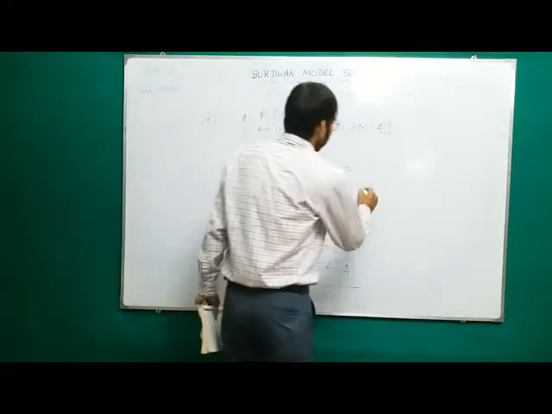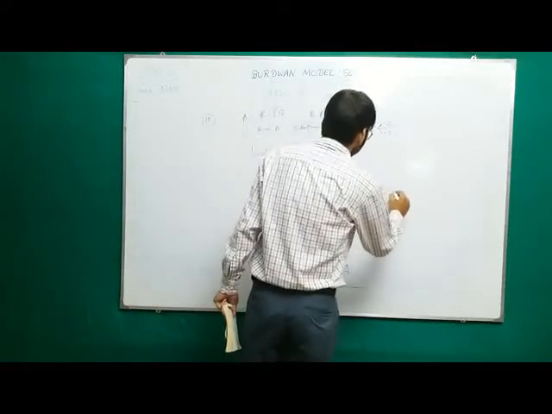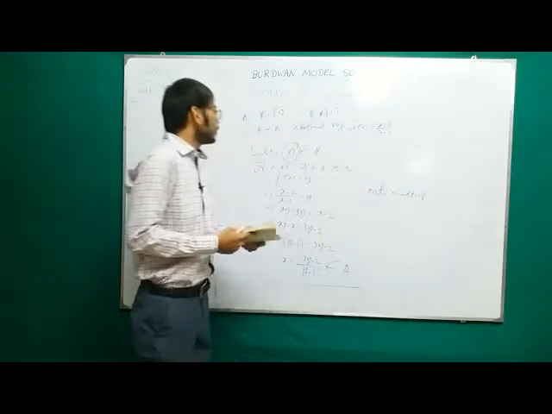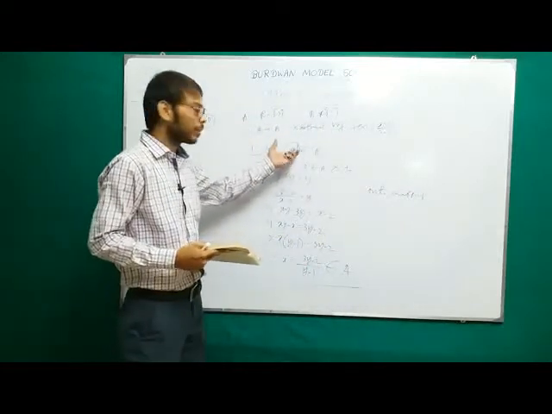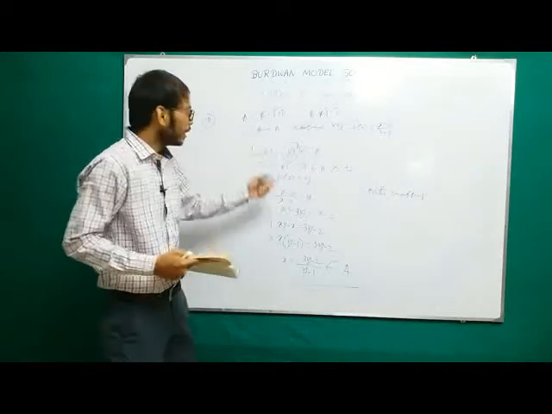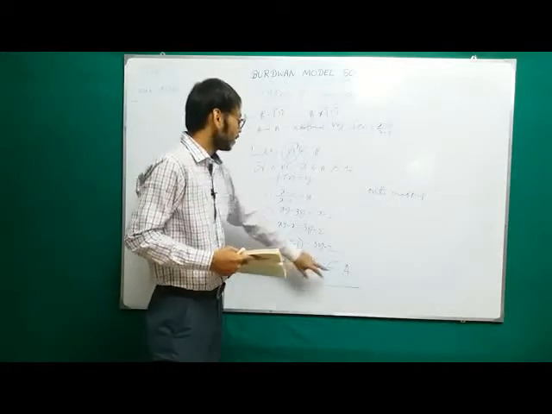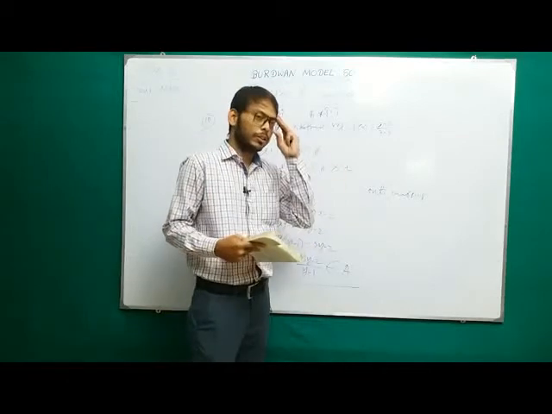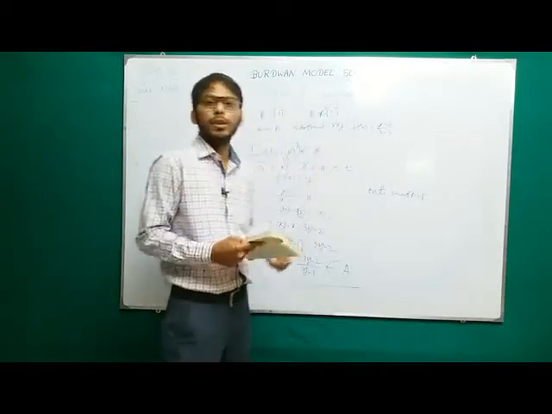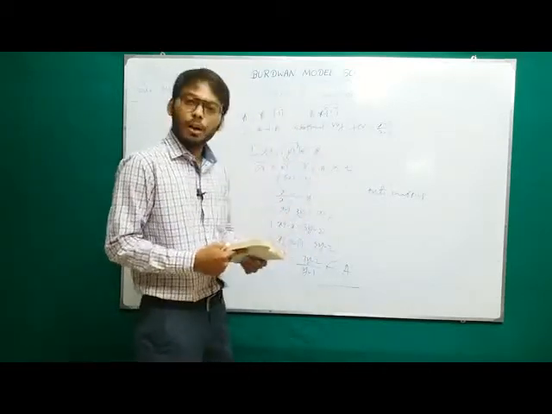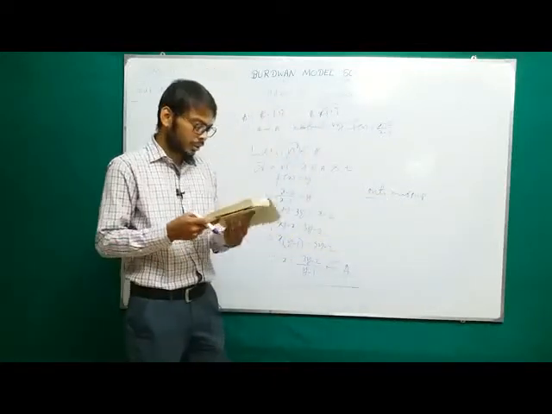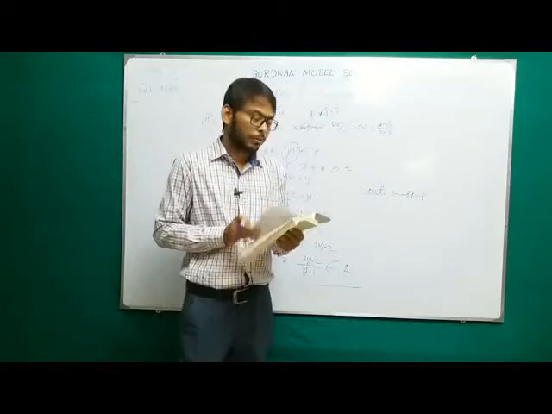So we can conclude that it is an onto mapping. Got it? The image set will cover the whole codomain. So it is an onto mapping. Okay. So in this way you can solve the problems.